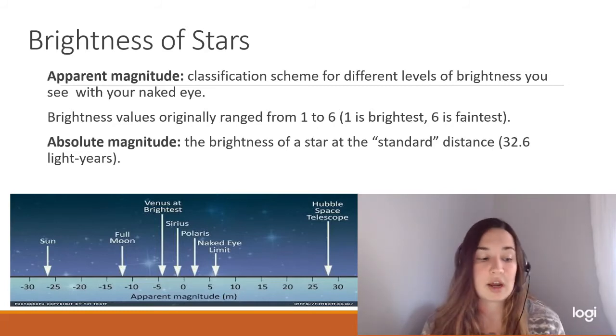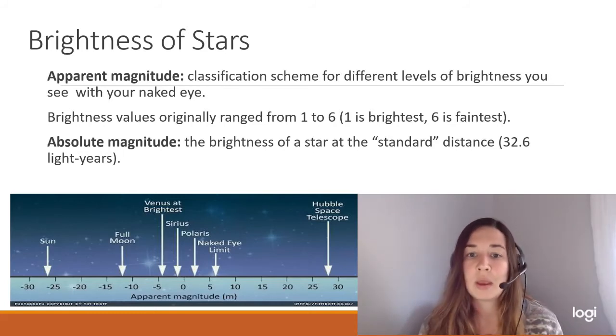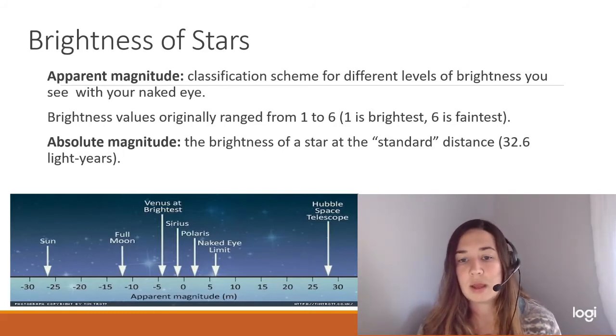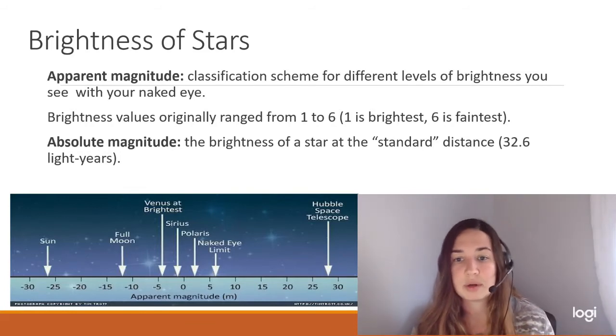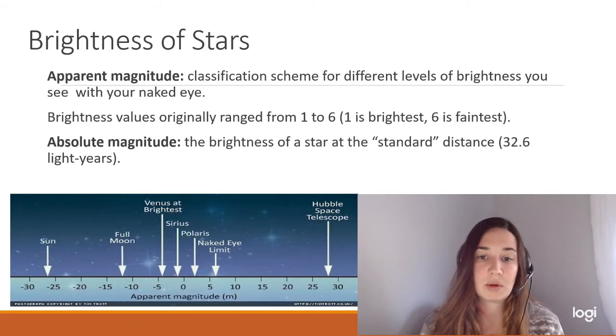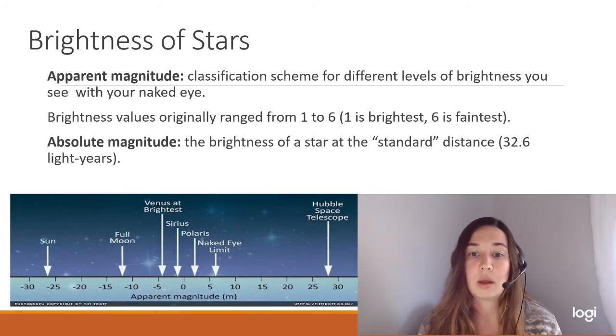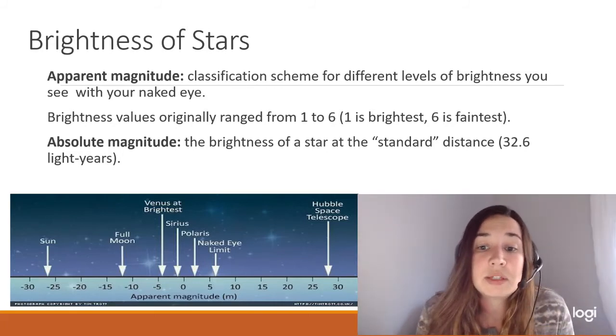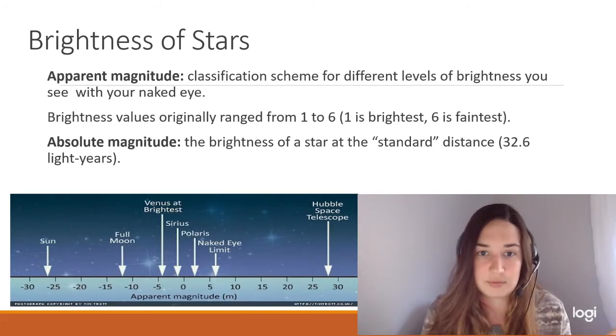The Greek astronomer Hipparchus was the original one that created this scale. And he had number 1 as the brightest star and number 6 as the faintest star. But over time, it was determined that there were stars that were brighter than 1 on the scale. And so you can see that it then went into the negative zone.